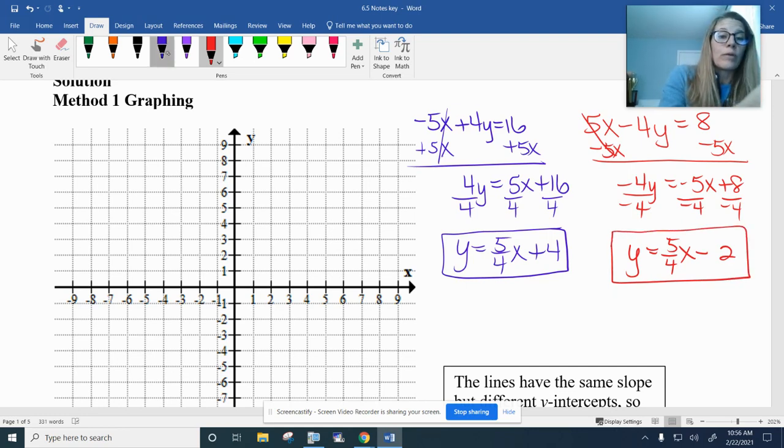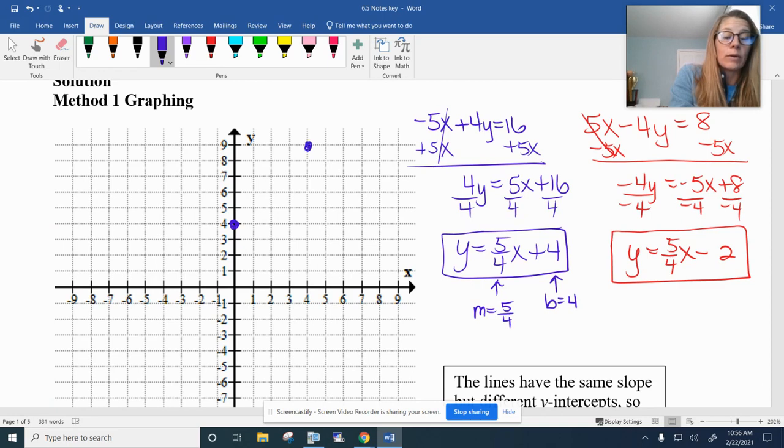So now when I go to graph these, if I'm graphing my first equation, I'm going to begin at my y-intercept, which is 4. I'm going to move in accordance with my slope, which is 5 over 4. So I'm going to rise 5, 1, 2, 3, 4, 5, and run 4 to the right.